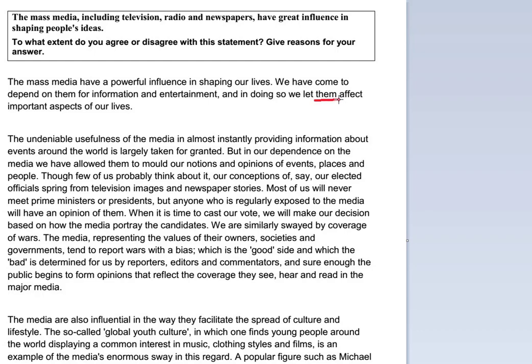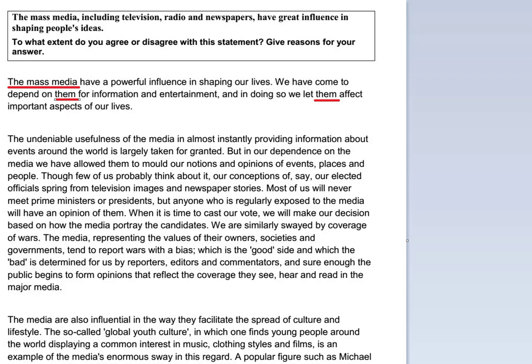Okay, so here we let them. This is more of a lexical issue, but the mass media. Media here is used like a collective noun, so it should be singular. But here we have 'them'. This is more of a lexical issue, but it is a problem.